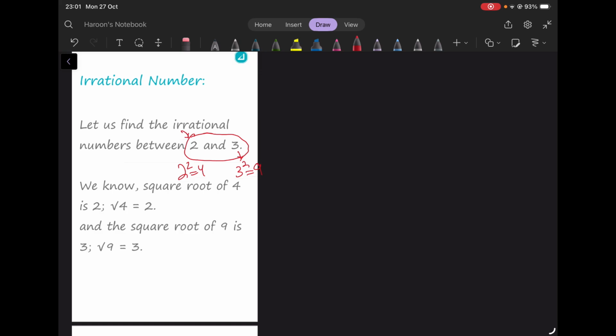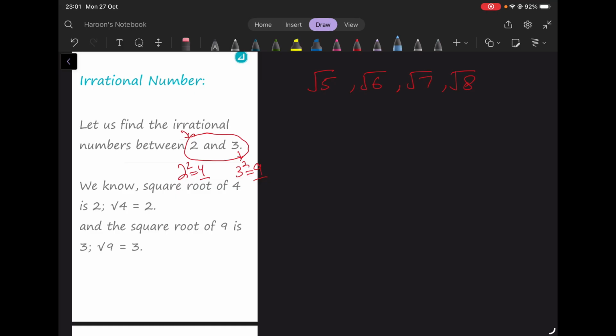So all the irrational numbers between 2 and 3 would be square roots of all the numbers that are between 4 and 9. So basically, square root of 5, square root of 6, square root of 7, square root of 8. These are the only irrational numbers between 2 and 3. We just take the square of the two numbers, the minimum and maximum, and square roots of all the integers between these two would be your irrational numbers.